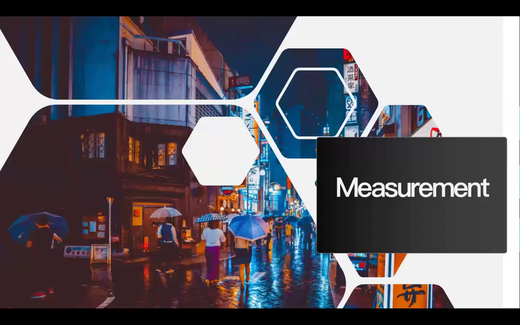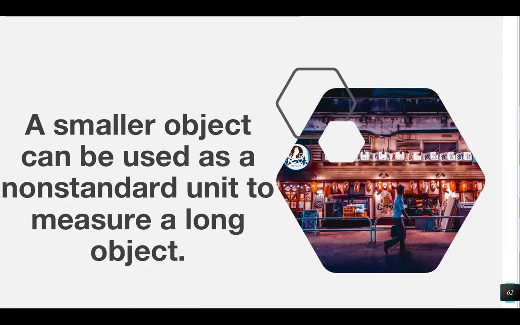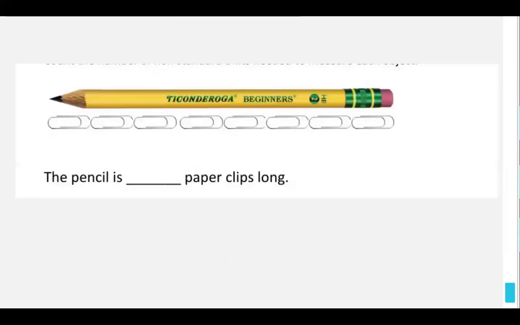So our lesson for today is measurement. So what is measurement? A smaller object can be used as non-standard unit to measure a long object. So let's say we have this pencil and the pencil is blank paper clips long. So how long is the pencil using the paper clip?